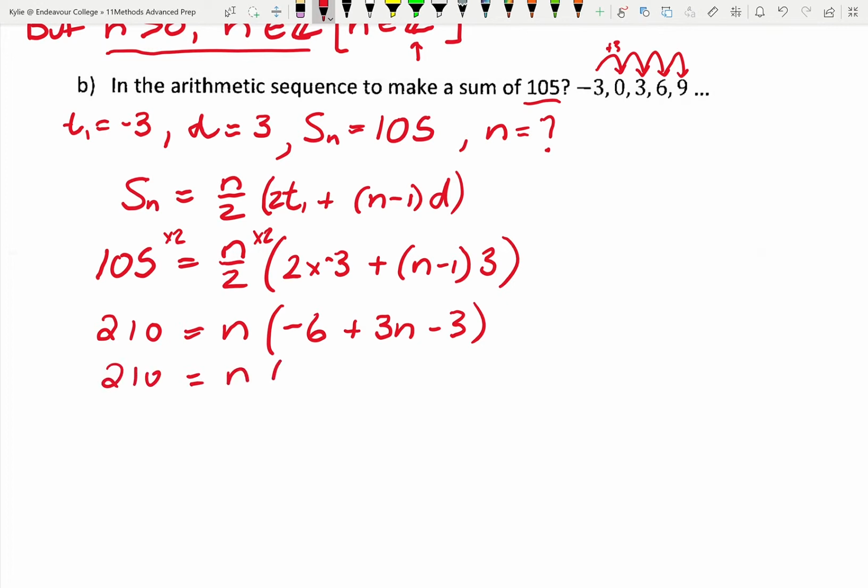Negative 6 minus 3 is minus 9, so it's 3n minus 9. Expand the bracket. N times 3n is 3n squared. N times minus 9 is minus 9n. And bring the 210 over.